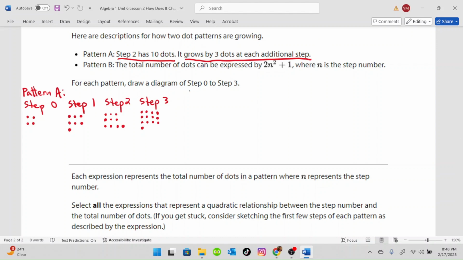Now, for pattern B, they give us an expression, 2 times n squared plus 1. So for step 0, this would be 0 squared, which is 0. 0 times 2 is 0. And 0 plus 1 is 1. So step 0 is going to have 1 dot.